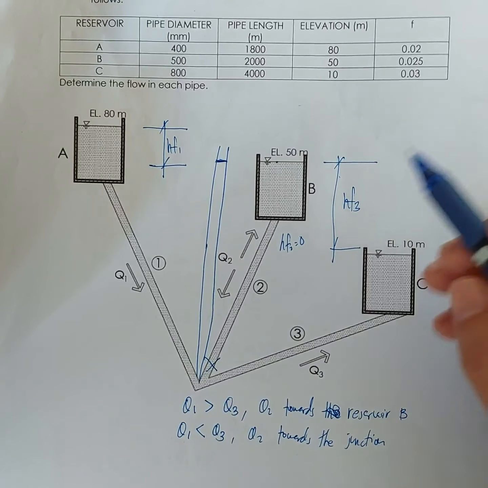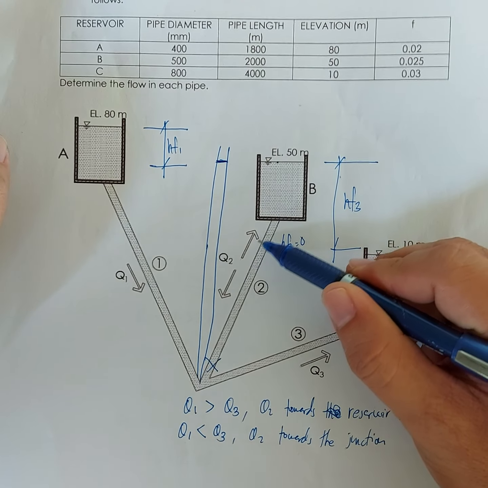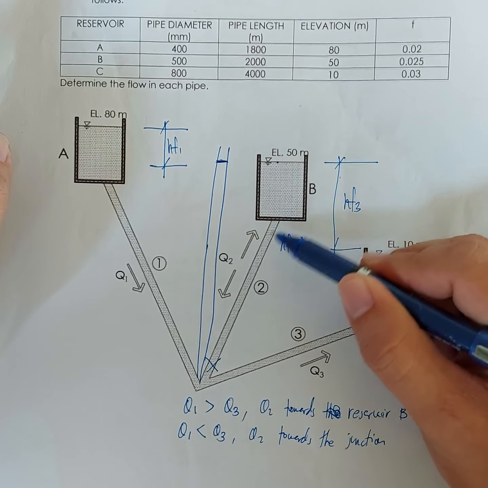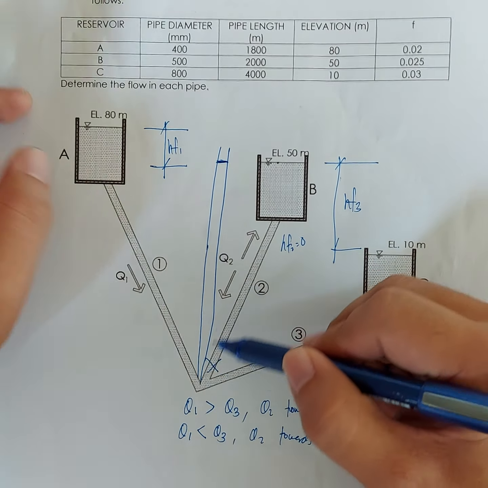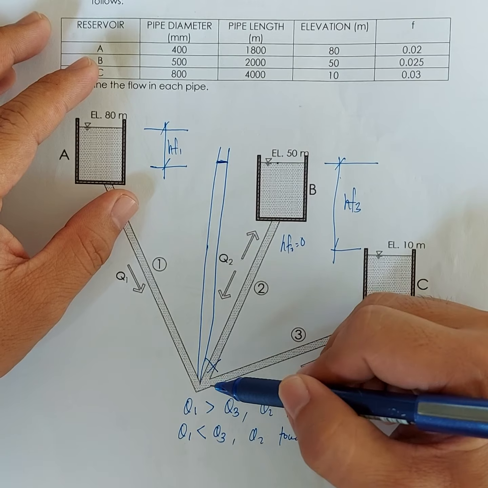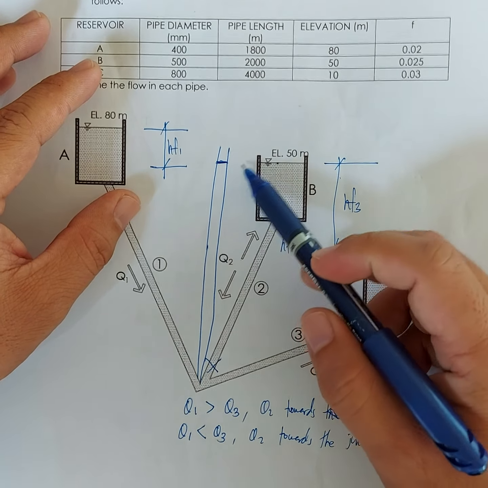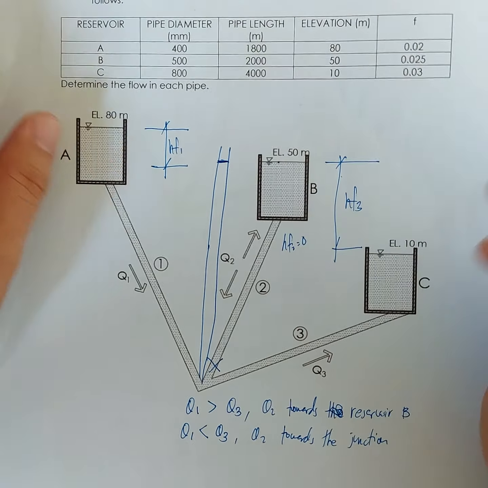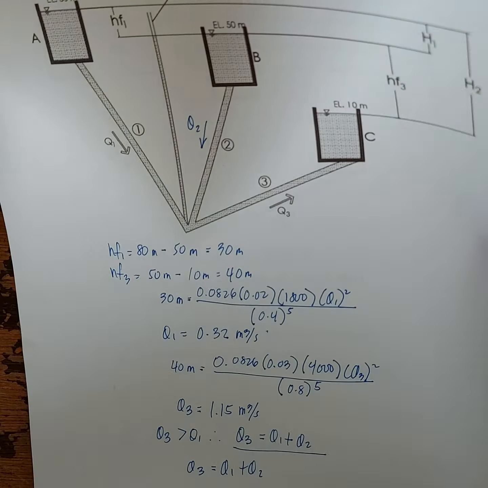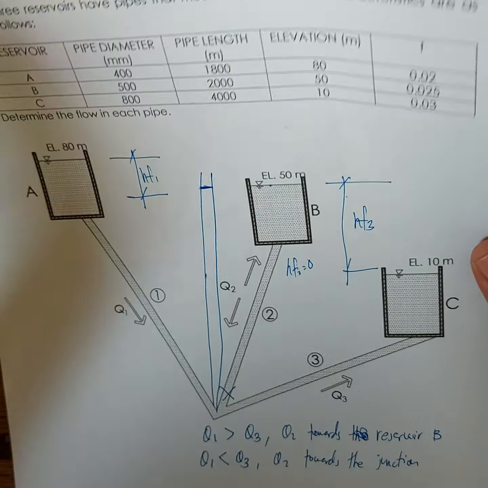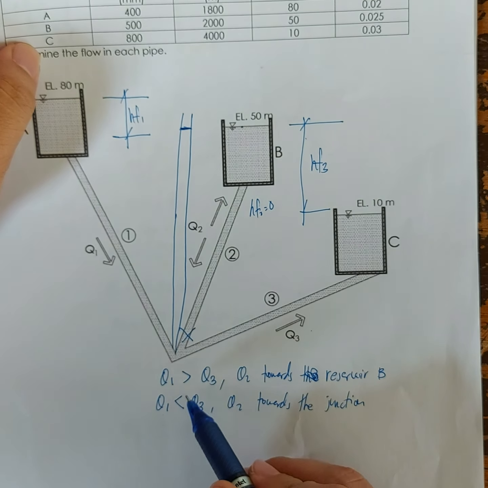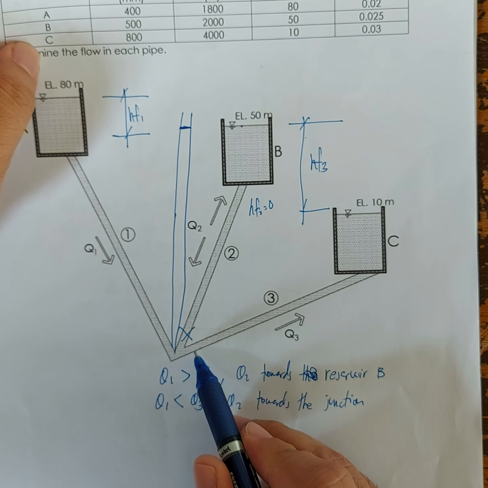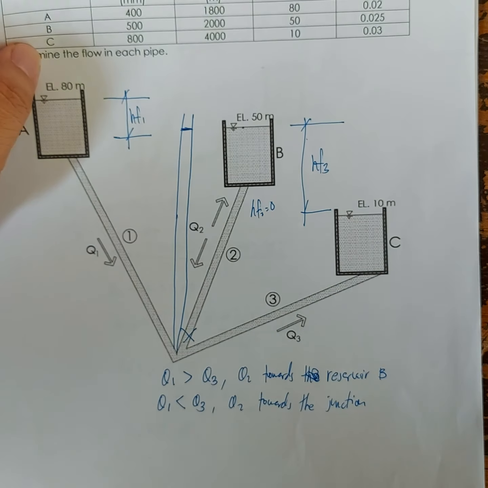conditions here. This one, Q2 is going towards reservoir B, or Q2 is going towards the junction, no? And that will be dependent on the piezometric reading dun sa may junction. Now to do that, kailangan nating close natin yung pipe 2, which means HF2 is equal to 0.